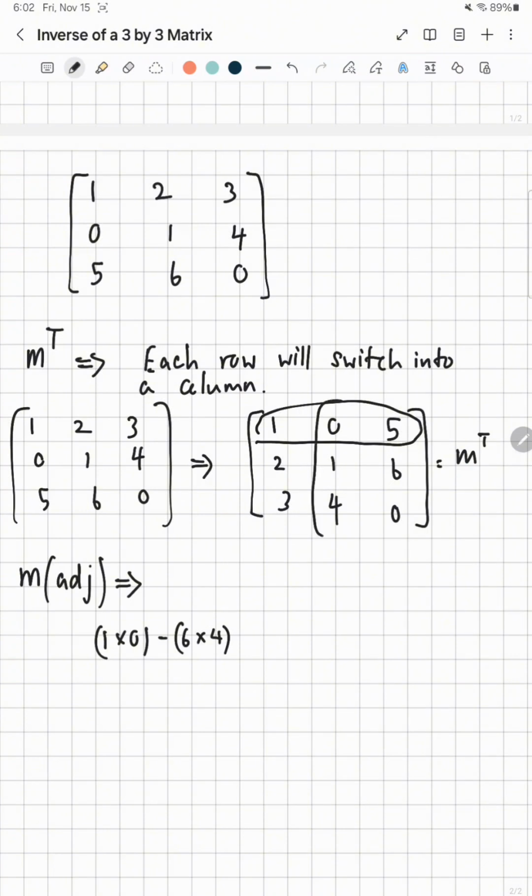And then you cross the first row and the second column, and you get the numbers remaining, right? So 2 into 0 minus 3 into 6. And then you cross the first row with the third column, and you multiply everything inside the same way: 2 into 4 minus 3 into 1.